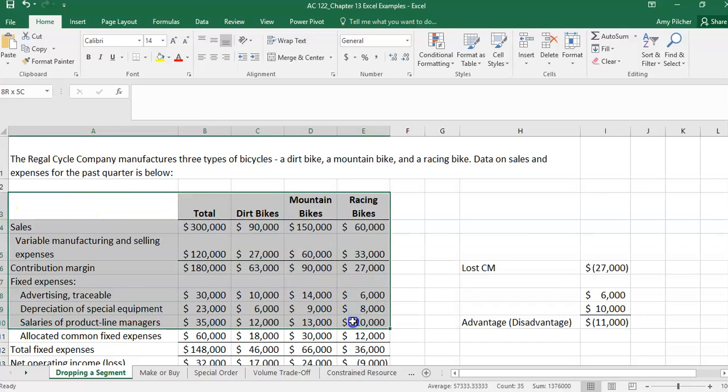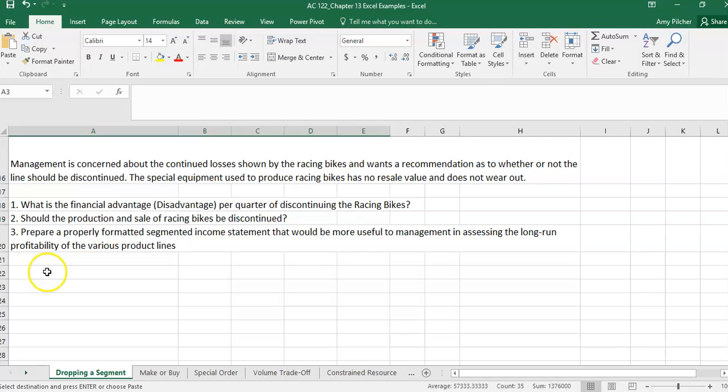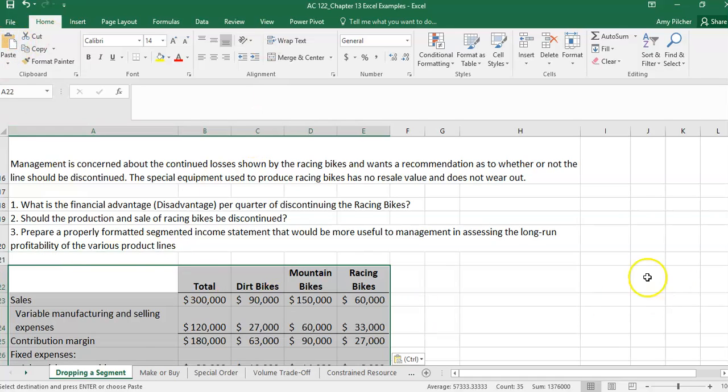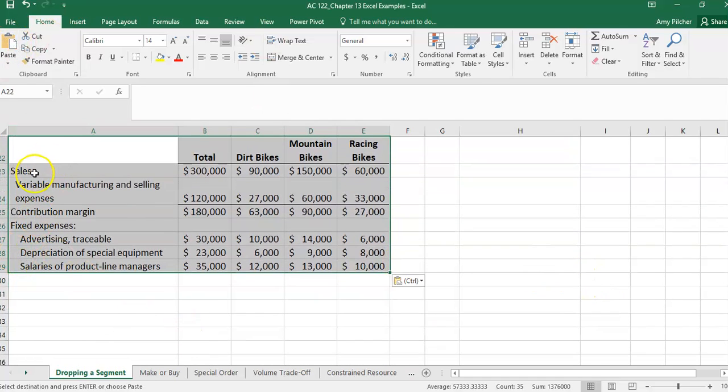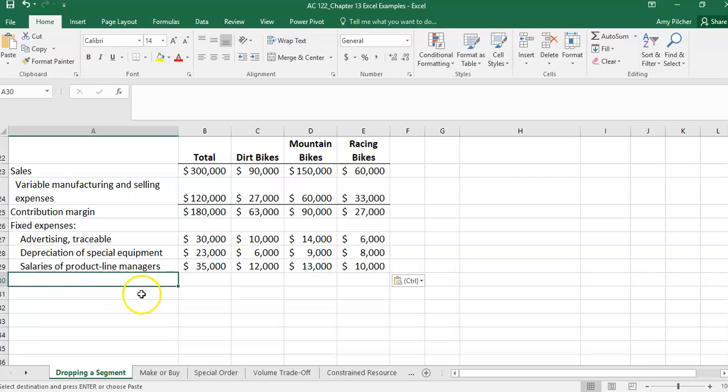So I'm going to do a shortcut by copying and pasting the top portion of this income statement here. So now we have the contribution margin and the controllable fixed cost, or traceable fixed cost.